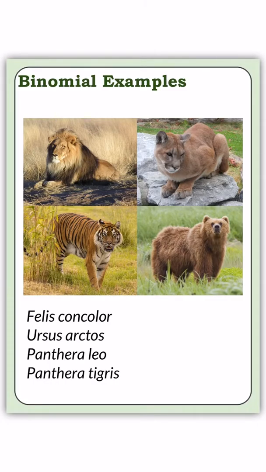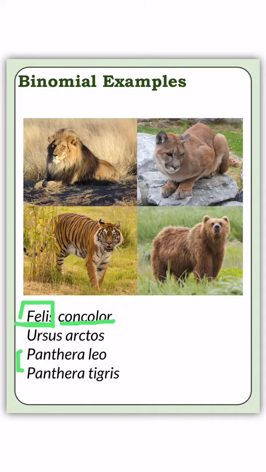So remember that genus is always capitalized, that comes first, and then the second is lowercase, that's going to be the species. So you can see that two of these animals are actually in the same genus, but the species are different. And probably some clues here.